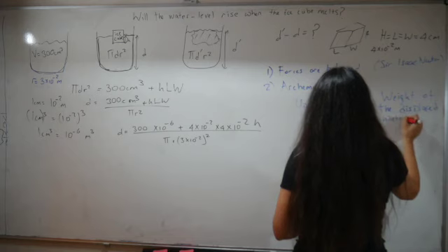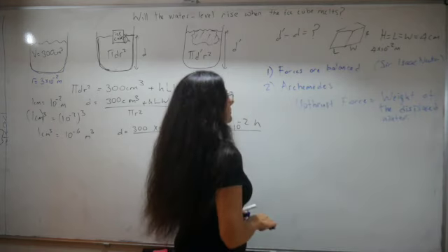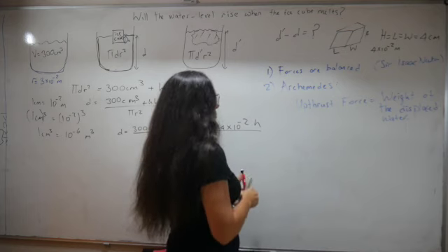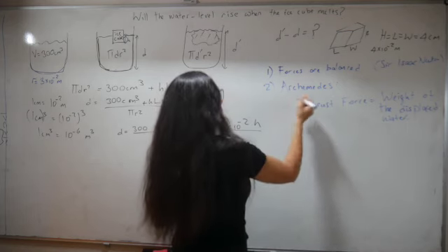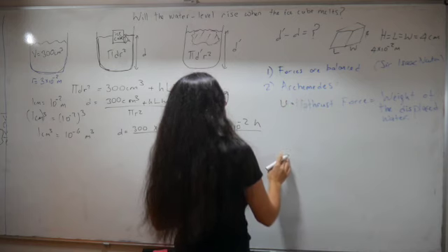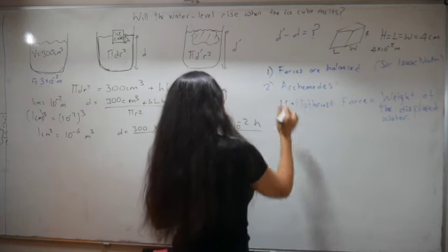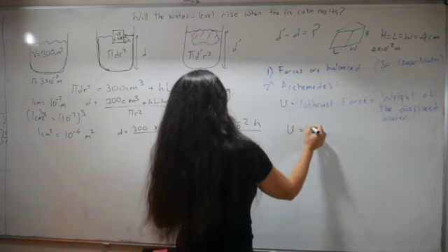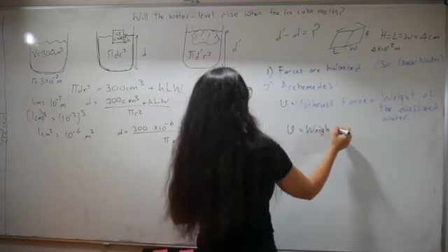Okay, so let's call U the upthrust. So what Newton is saying is that U equals the weight of the ice cube.